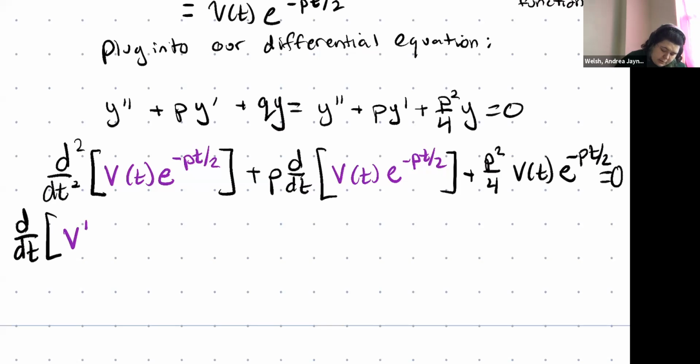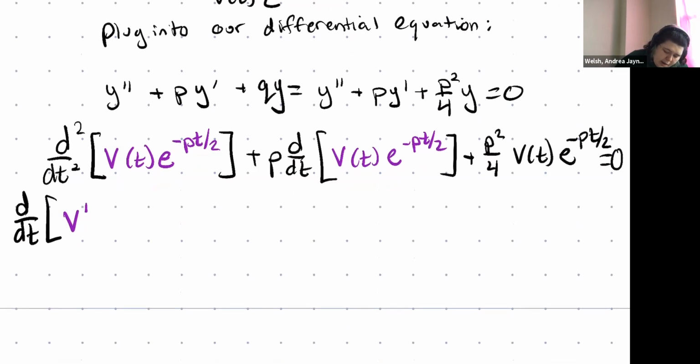So I'm going to say this is v. Now that I'm taking derivatives of v, I'm going to drop the of t just for space. So we take the derivative of the first and multiply it by the second. And then we can do the reverse. So keep the first as is and take the derivative of the second.